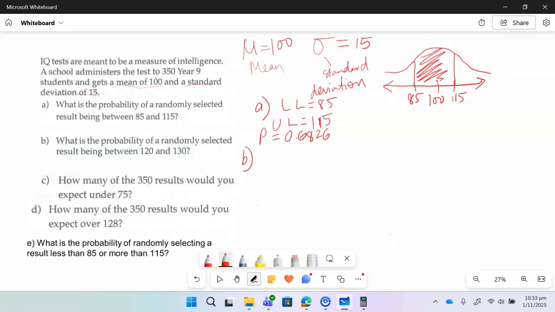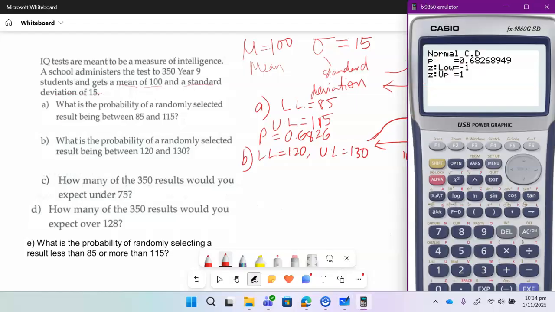Same thing with the next one, probability being between 120 and 130. This time your bell curve is looking the same. If your 100 is right in the middle, you know that 120 and 130 are going to be somewhere here. So you want the area under the curve between 120 and 130. Same drill, lower limit is 120, upper limit is 130, mean and standard deviation are the same.